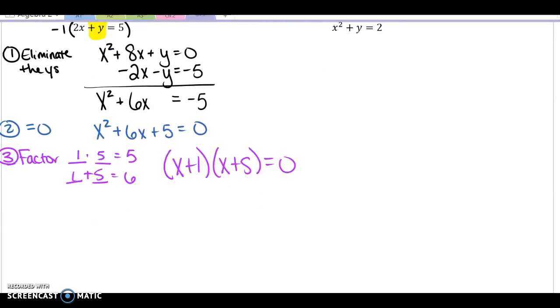The next step is to solve. If x plus 1 had to equal 0, our x value would be negative 1. If x plus 5 had to equal 0, our x value would be negative 5.